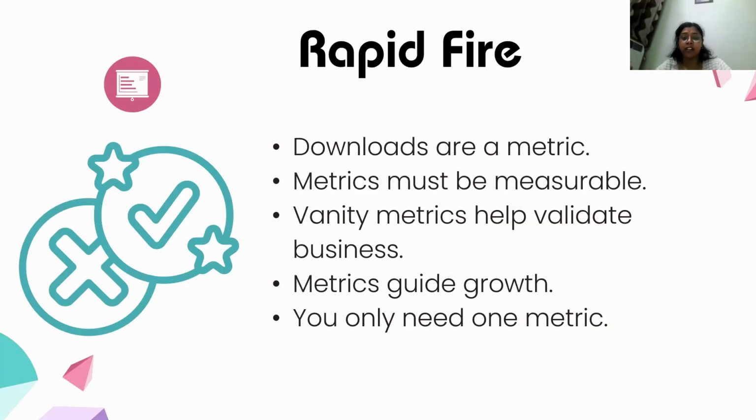But when you buy it, it does not match the description or the data that was provided. Like you download an application because there were a lot of downloads or good reviews, but then you see that it was not good. These are vanity metrics. Now tell me, vanity metrics help validate a business, true or false?